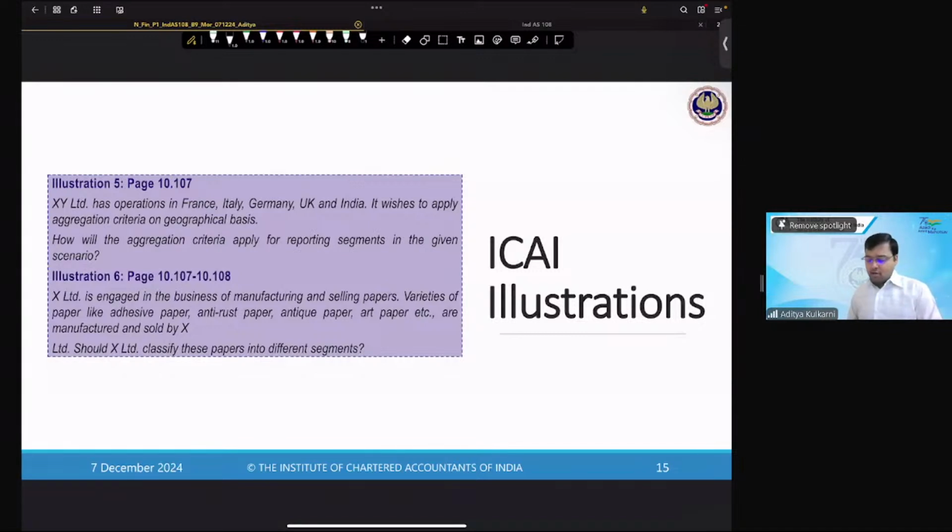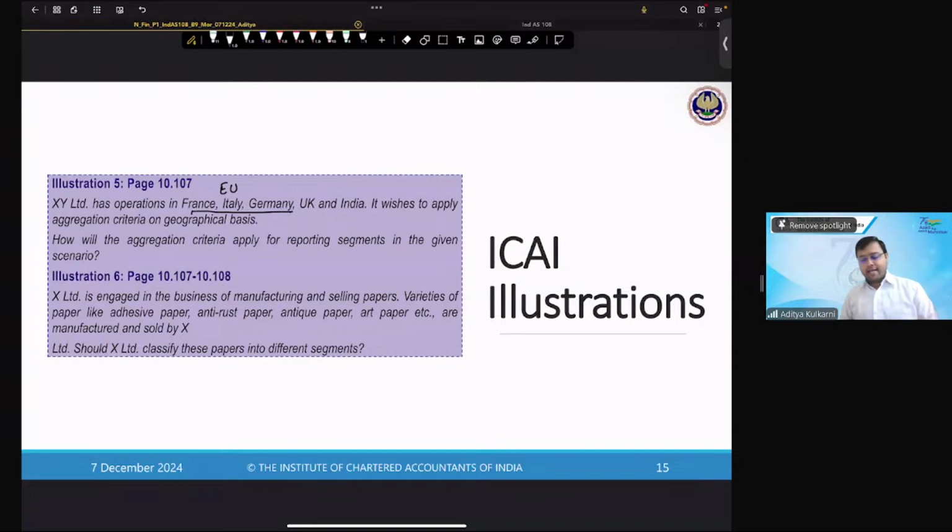XY Limited has operations in France, Italy, Germany, UK, and India. It wishes to apply aggregation criteria on a geographical basis. How will the aggregation criteria be applied? So what it can do is France, Italy, Germany, all of these, you can say that they fall under the European Union.